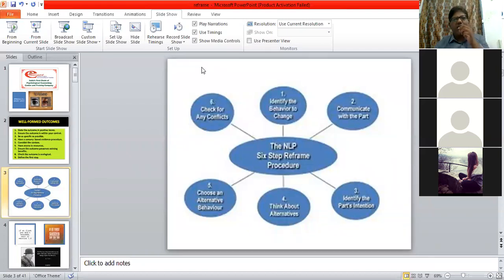If you are not able to find out the unconscious part, what positive intent it is getting, you can share it in the group and we can discuss. Or you can just type in the chat box if your voice is not audible. Come on, team.